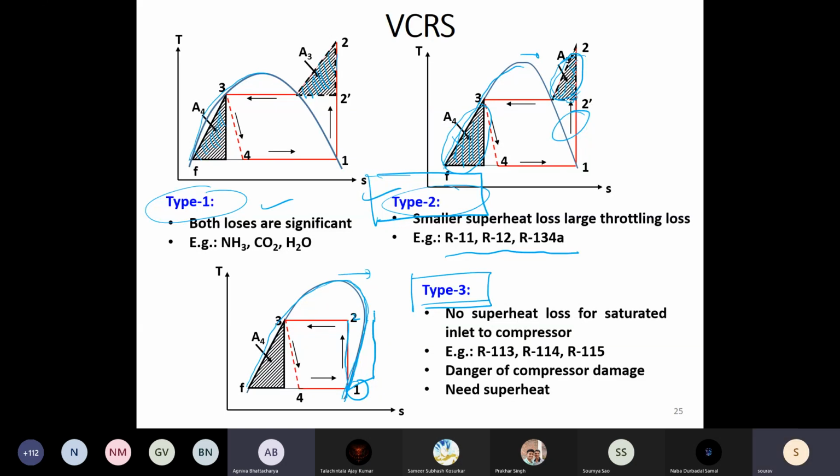So it will have a very small amount of superheat. We were not able to reduce the throttling loss, but we were able to reduce the superheat horn. We reduced it so much that point 2 went inside the dome. So this is how we have progressed in our synthesis of the refrigerant. So that was the quest.